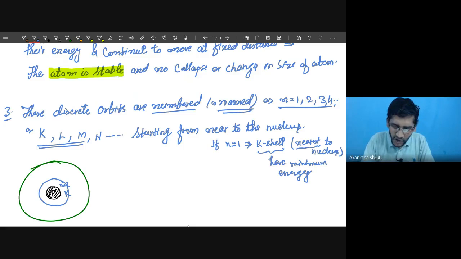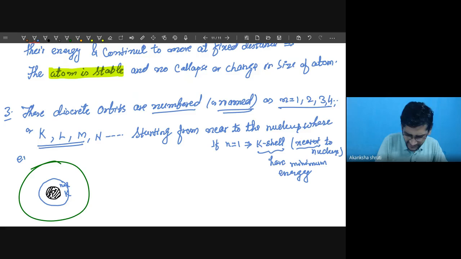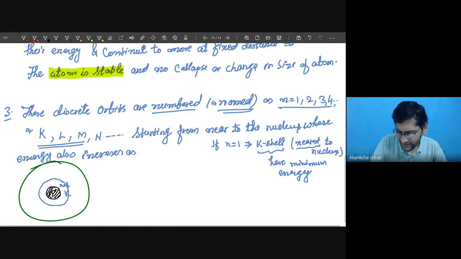So these discrete orbits are numbered as n equals 1, 2, 3, 4 or named K, L, M, N, starting from near to the nucleus, where energy also increases as we move away from the nucleus. So it increases as we move outward.